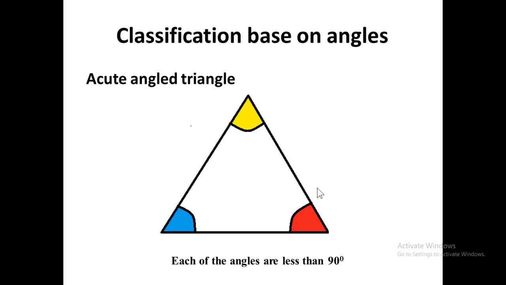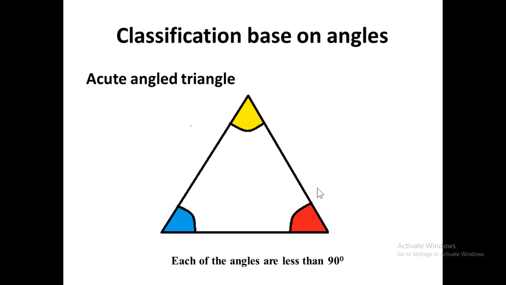We have already talked about the different types of angles in the previous videos, from acute to right to obtuse to reflex angles. So anytime you have a triangle and each of the angles is less than 90 degrees, that triangle can be called an acute angle triangle.